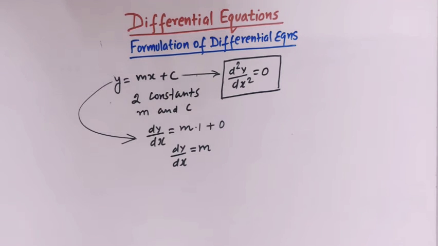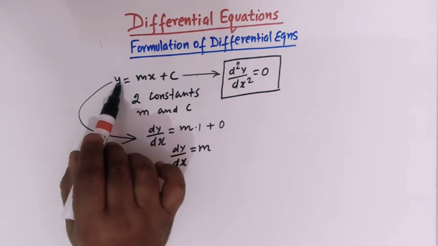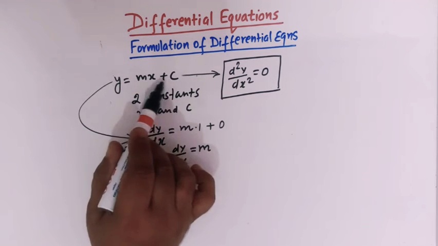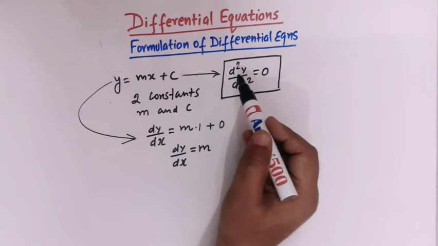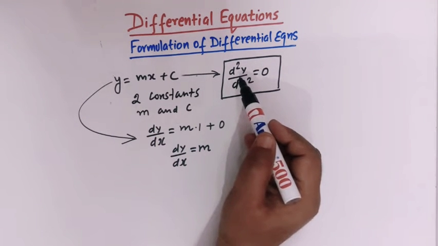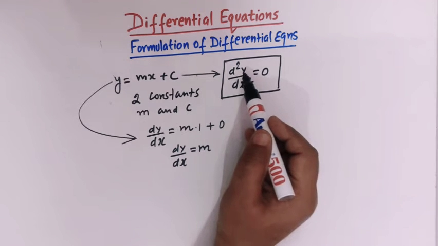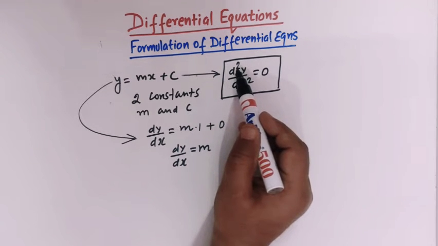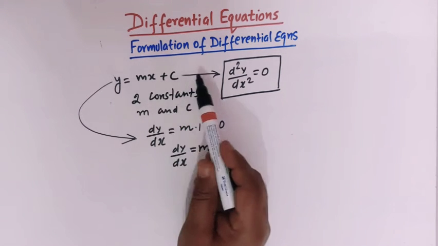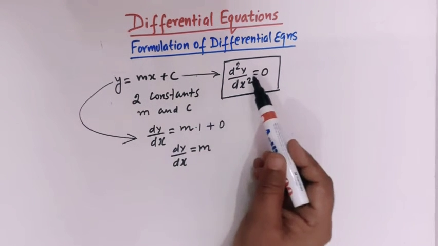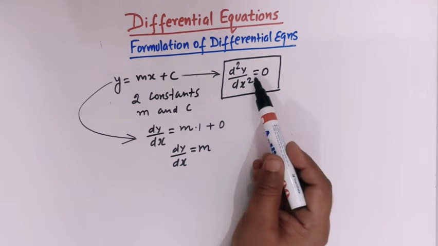Now there is one important point to note: the Cartesian equation contains two constants, so the order of the differential equation which we have obtained should be 2. We have to differentiate this equation 2 times in order to get the differential equation.